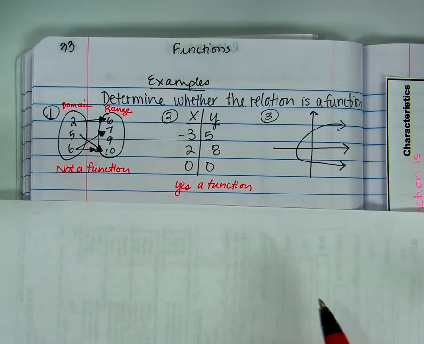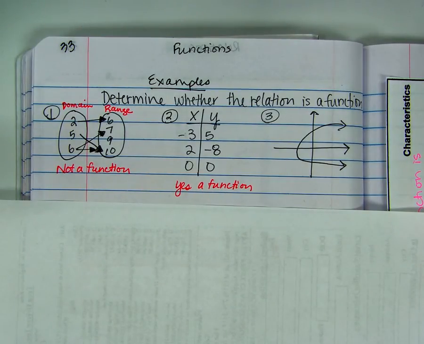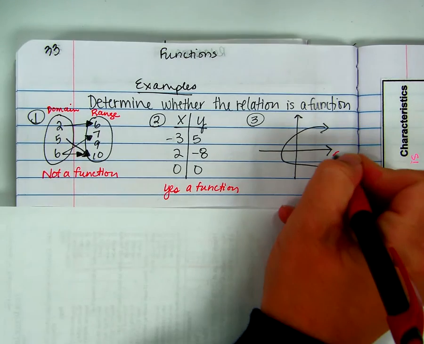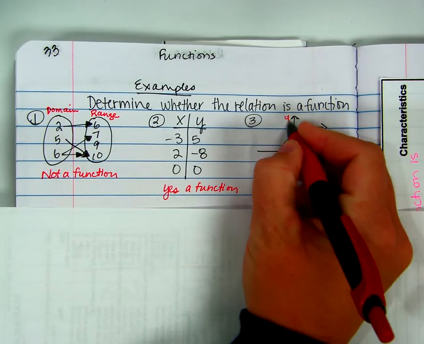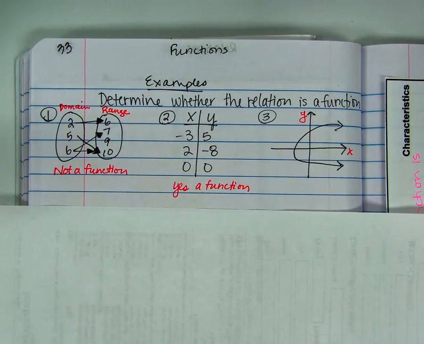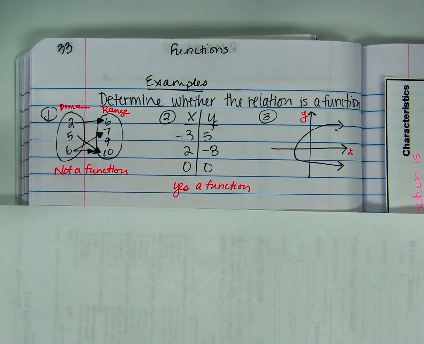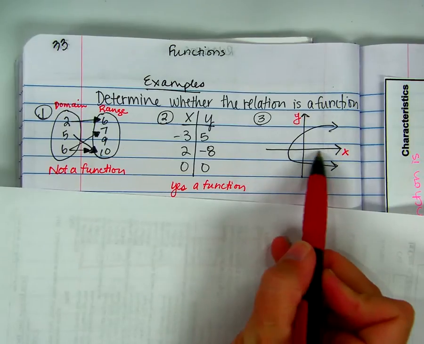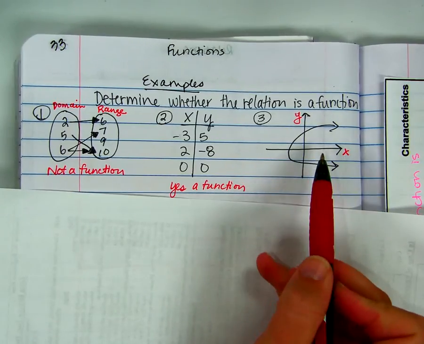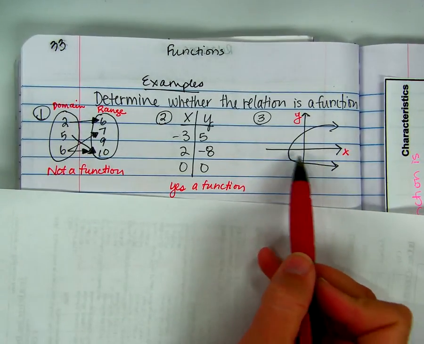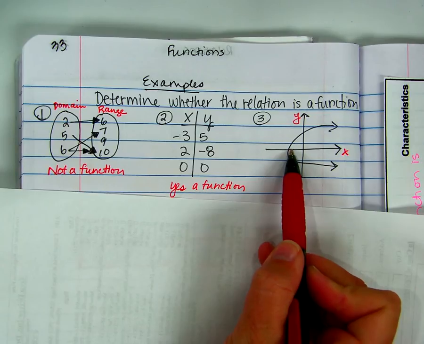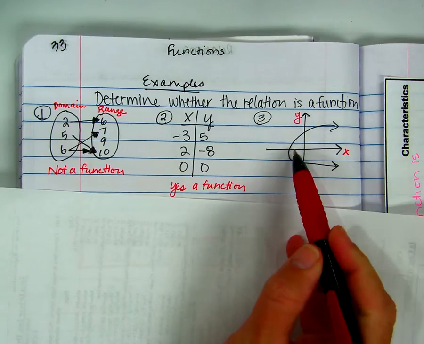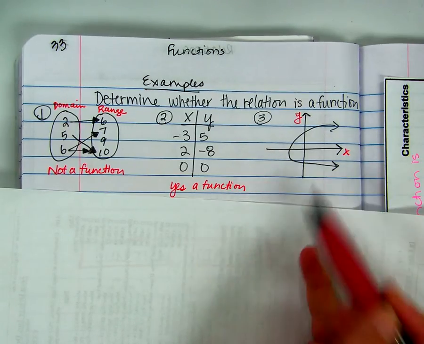Now I want to take a look at the graph here. Now remember, the domain, they're the x values. I'm going to label my axis here. This is the x-axis, this is the y-axis. What do you think about this one? For every x value, there can only be one y value. And if you notice, starting about here, if I would have this number for x, how many y values would I have?